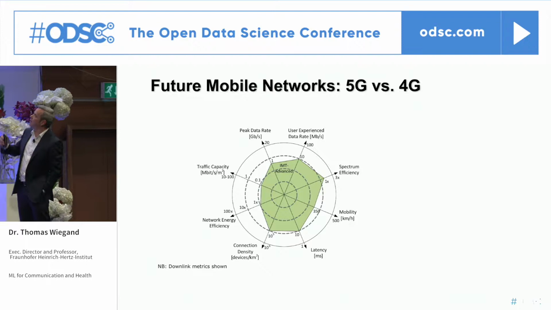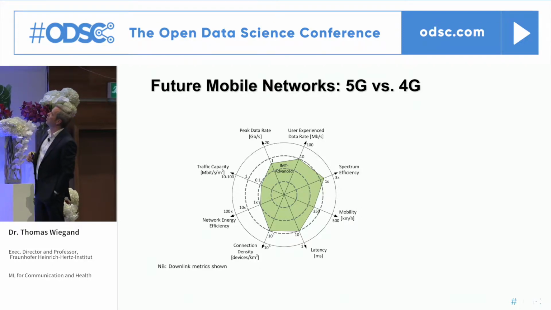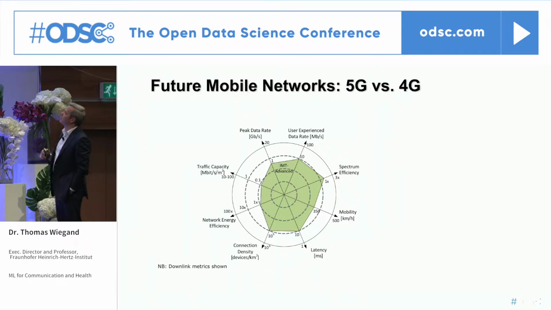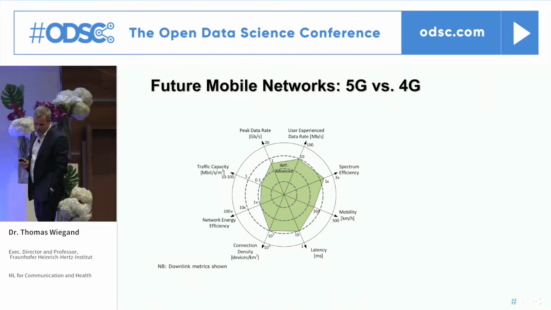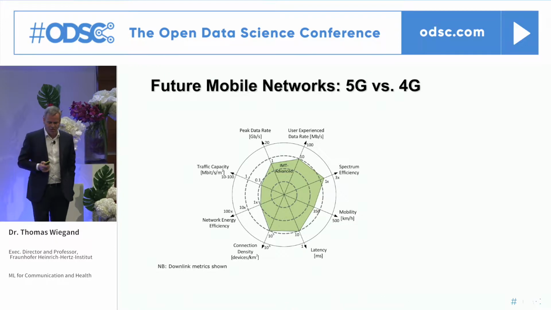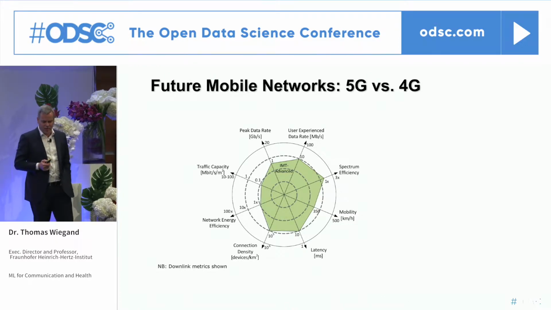Well, what you can see here is a plot of different KPIs that you would assign to a transmission network. So traffic capacity, peak data rate, user experience data rates, spectrum efficiency, mobility, latency, connection density, network energy, and we would basically see how 4G actually fulfills these KPIs.